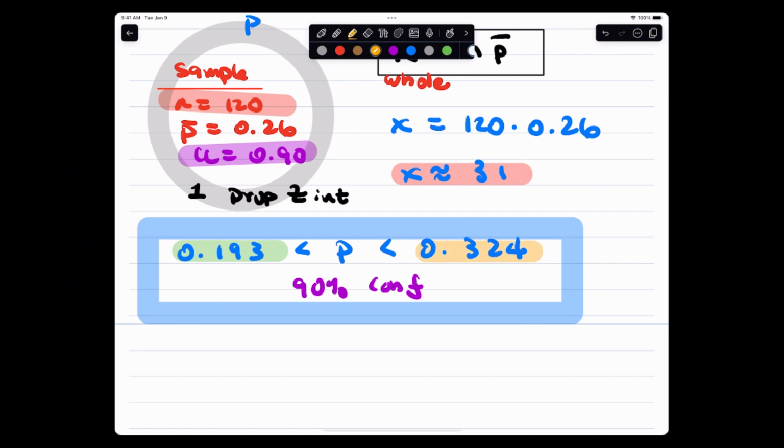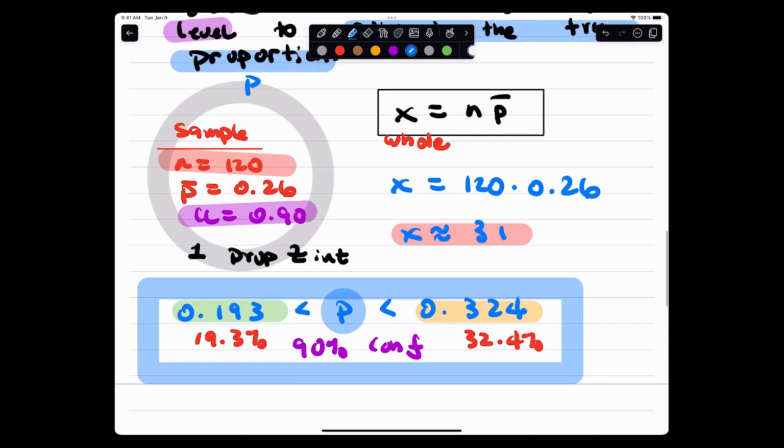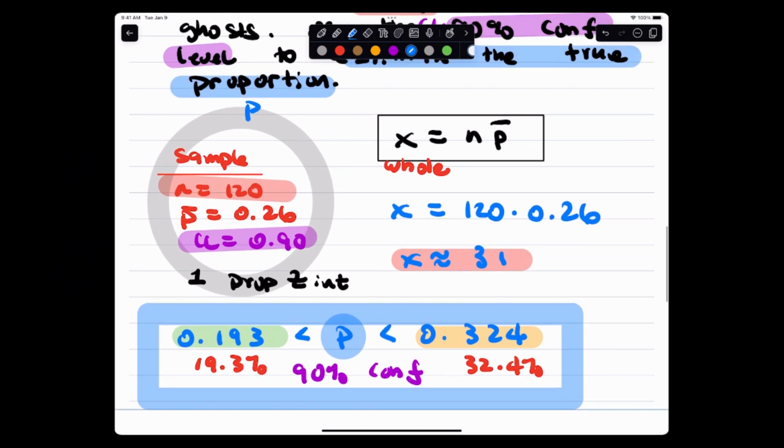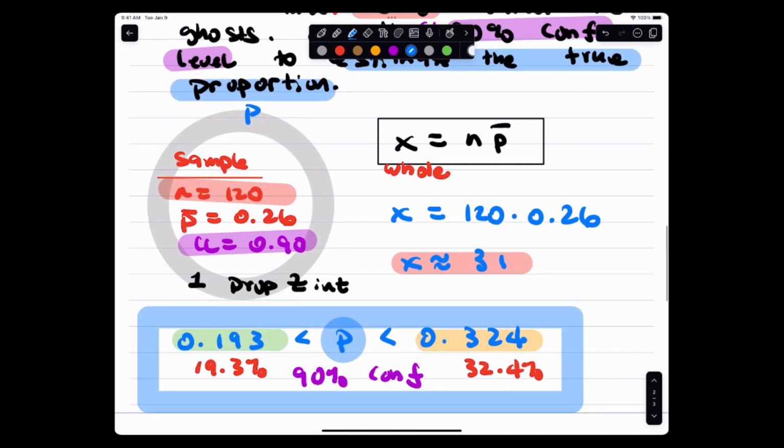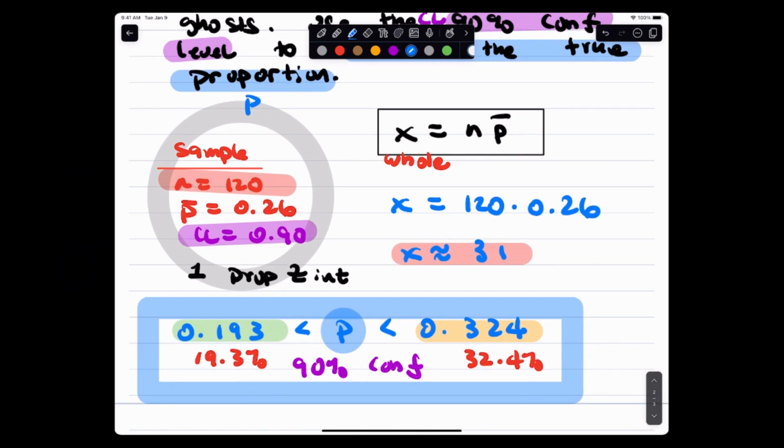So this is like 19.3%, and then this will be what? 32.4%. We say this is the proportion of college students that believe in ghosts. Anyway, ladies and gentlemen, easy peasy lemon squeezy.